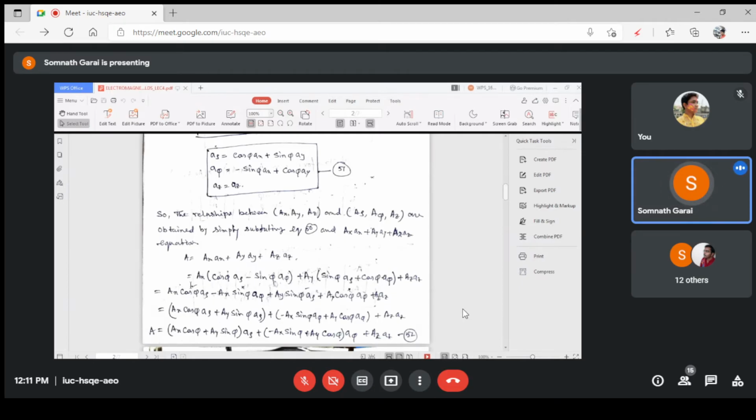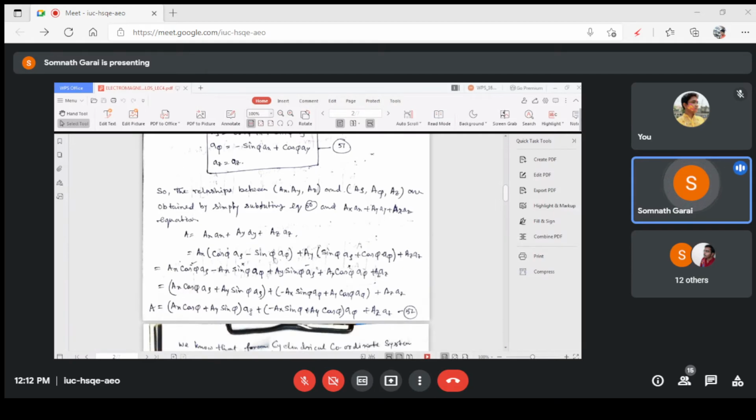Now from these, AX cos phi a rho and AY sin phi a rho have the common unit vector a rho. So we get (AX cos phi plus AY sin phi) into a rho.